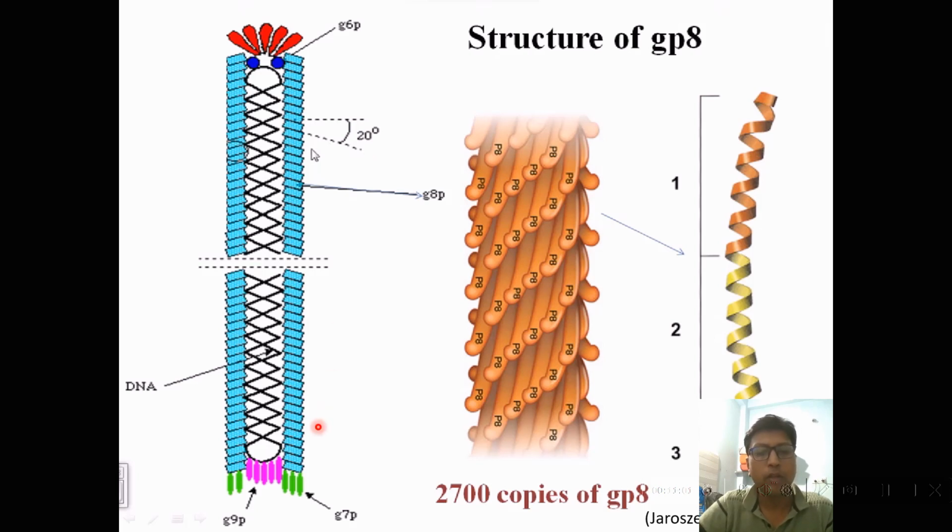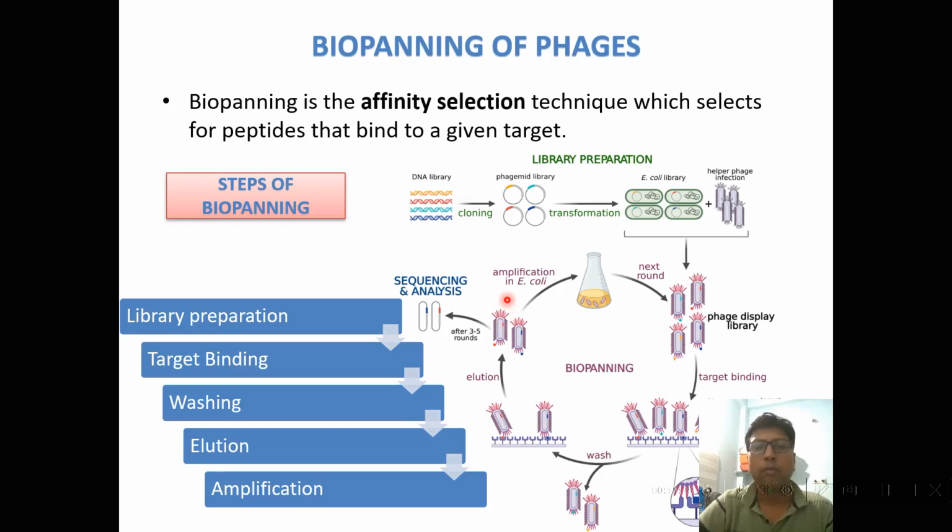During phage display technology, a peptide about 6 amino acids long can be linked to the GP8 protein, and a peptide about 36 amino acids long can be linked to the GP3 protein. So this is all about the basic principle and structure of the phages.